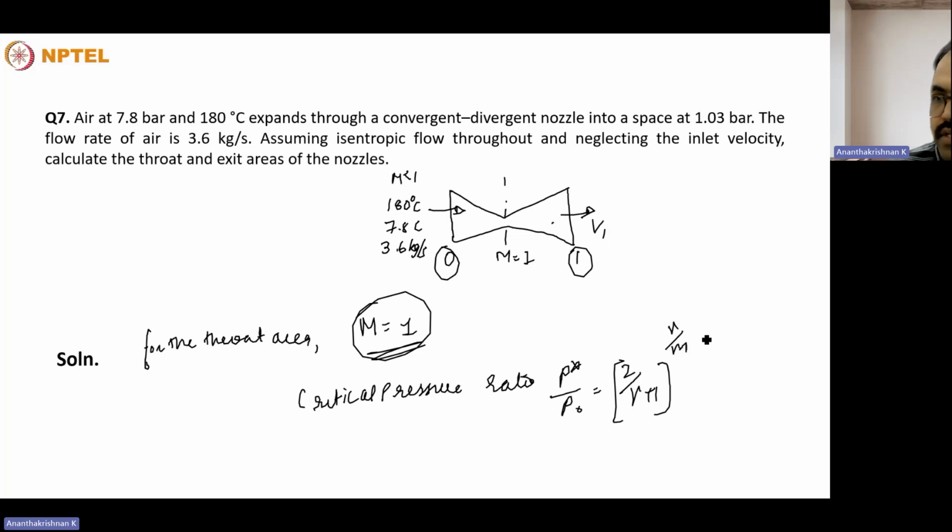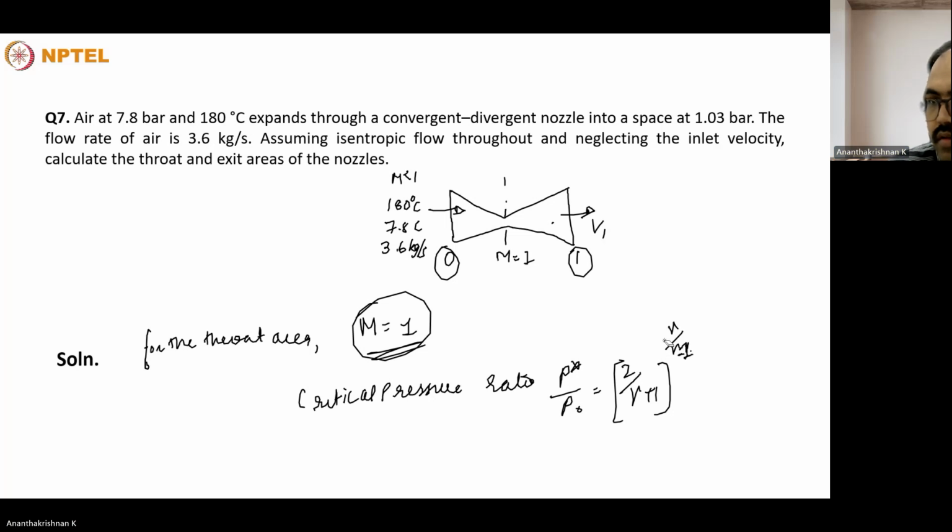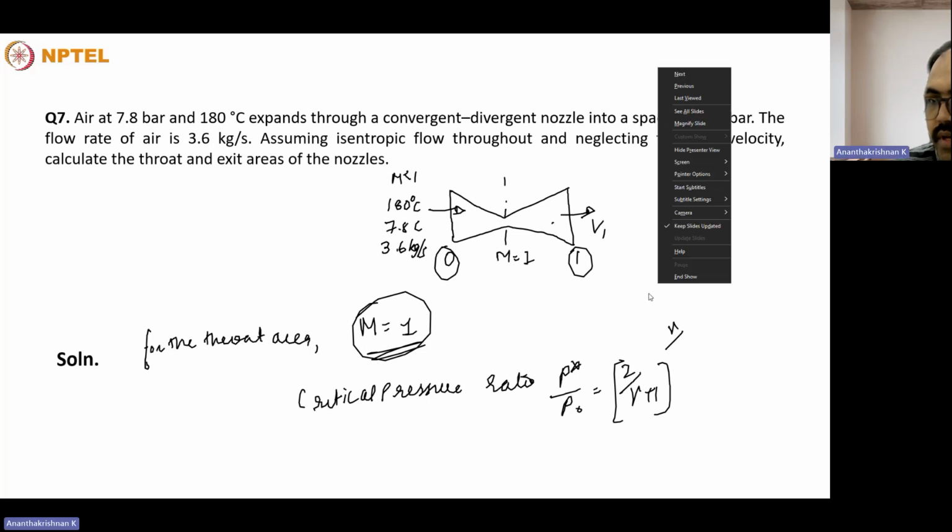So this takes into account the adiabatic isentropic flow.